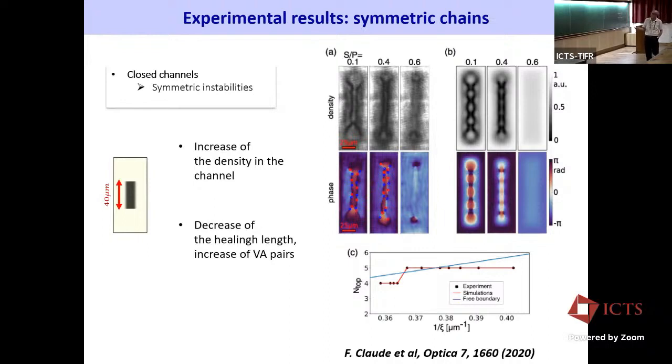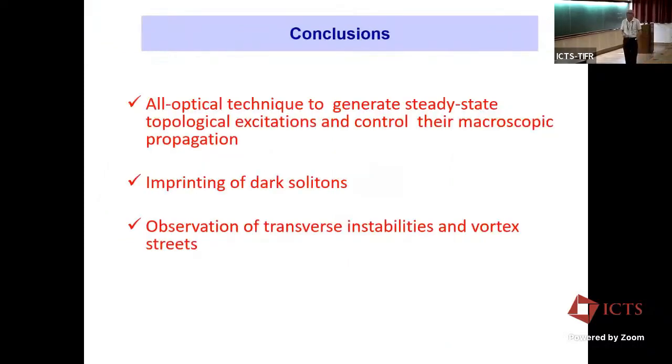We can see clearly here 4 and 5, and this is of course in agreement with the numerical simulation. If the intensity in the channel is increased too much, so basically we fill the channel, then we have no more solitons or vortices. So this was for the topological excitation in polariton.